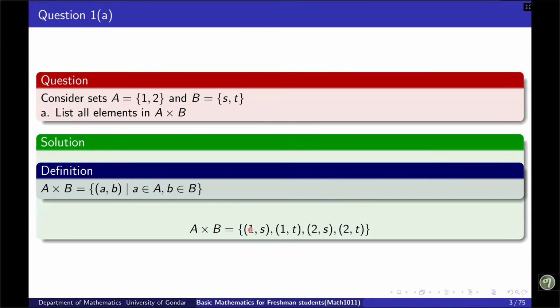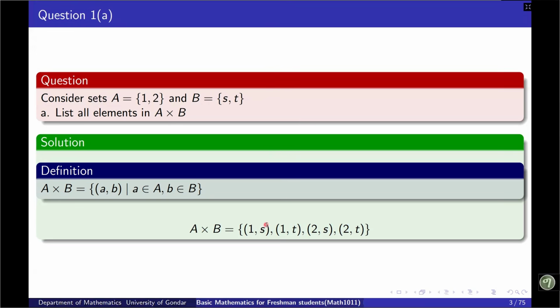So in this case, the first element of A, 1, must be paired with S, so that we have (1, S) which is an element of A cross B. Again, 1 could be paired with the second element of set B, so that (1, T) could be an element of the cross product, and the second element of set A, that is 2, with S and 2 with T, so that this is the Cartesian product of these two sets, A and B.